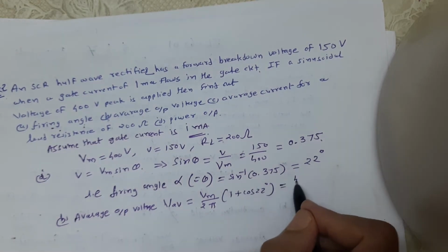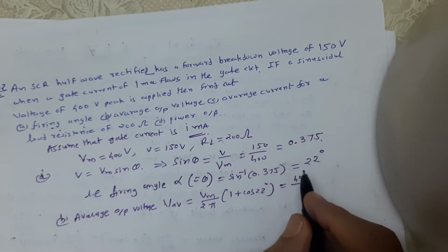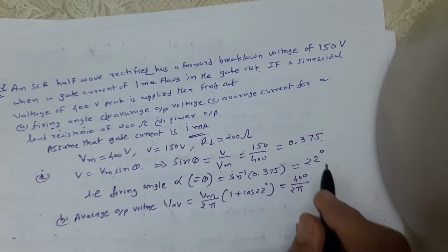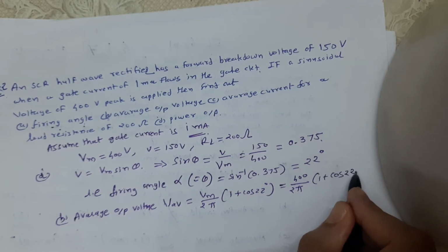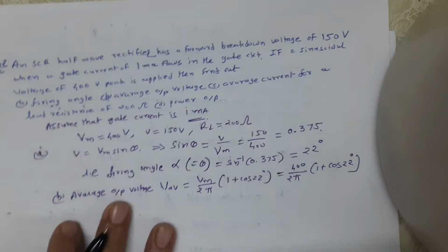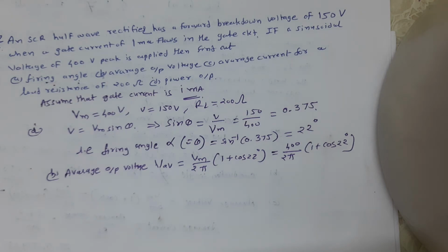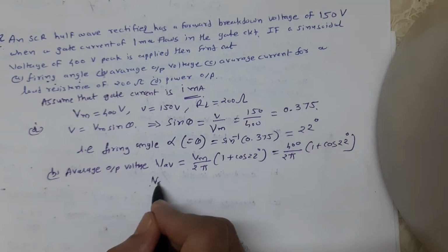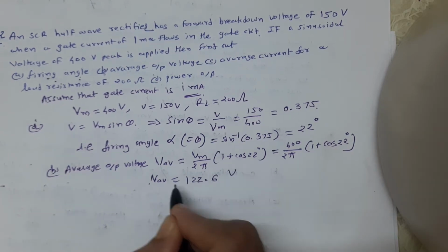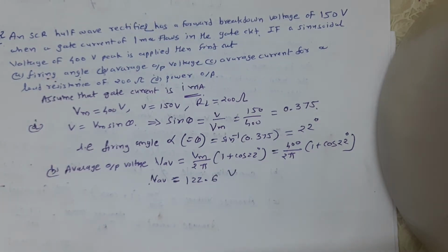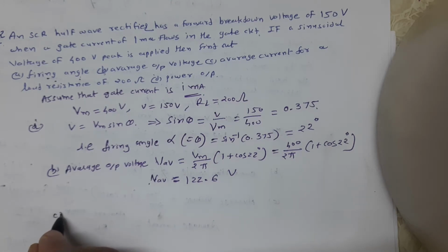This is equal to 400 upon 2 pi times (1 plus cos 22 degree). Therefore, finally, V average is equal to 122.6 volt.